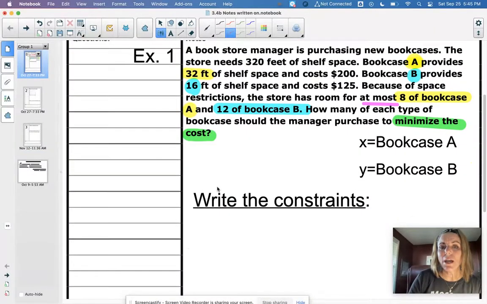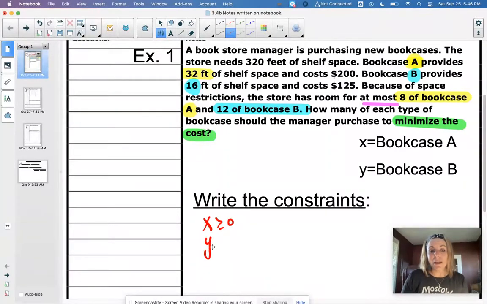So that's what you look for to know what goes into the constraints. Whatever we're minimizing or maximizing is not going into the constraints. So X is bookcase A, Y is bookcase B. I highlighted some things ahead of time. Number 1, I told you in the last video that there are 2 constraints that are automatic on these linear programming problems, because you can't have a negative number of bookcases.